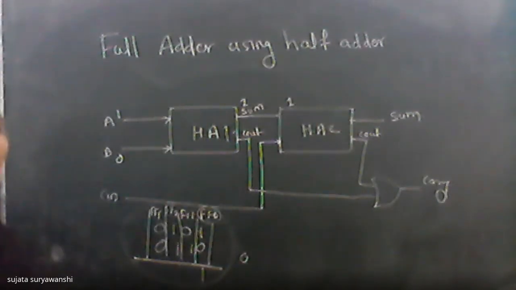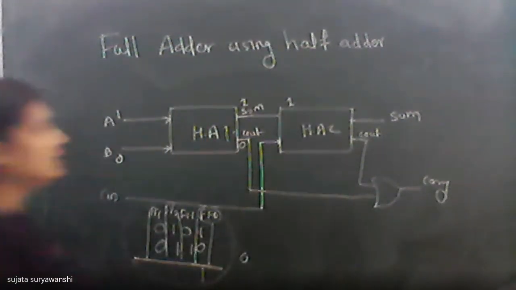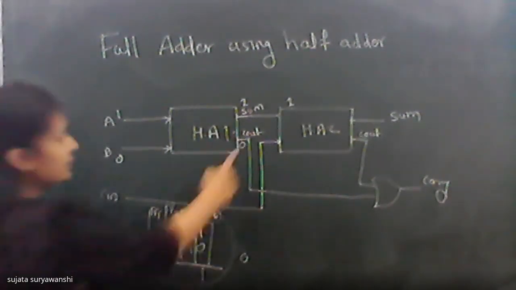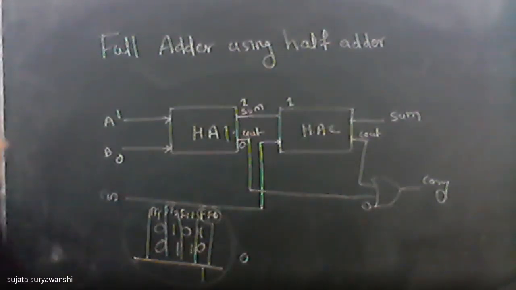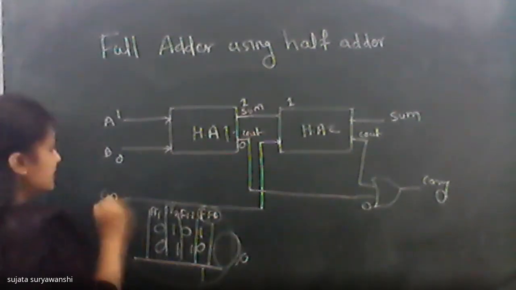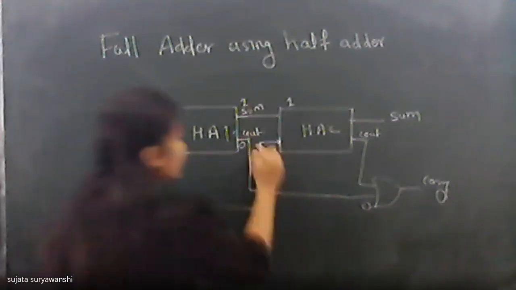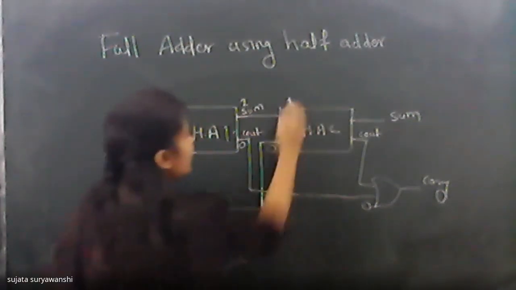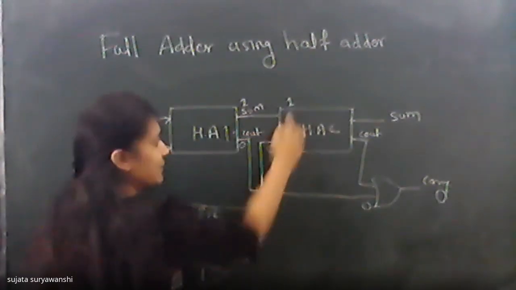One of the inputs of half adder 2 is also 1. And Cout of this first one is 0, which is connected here. And here no previous data is there, so Cin is also 0. Again the half adder adds these two digits, 1 plus 0.